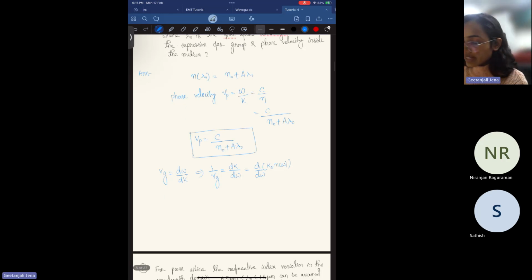And n is expressed in terms of the wavelength of the propagating wave. So you have to take the derivative with respect to the wavelength. So you can write it as dk by d lambda times d lambda by d omega.